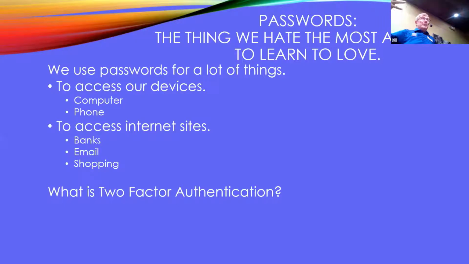Things have advanced some, and they say, okay, you gave me a phone number and an email address when you set up your account. I'm going to send you an email, or I'm going to send a text to your phone to guarantee you are who you told me you were back when you set up the account.